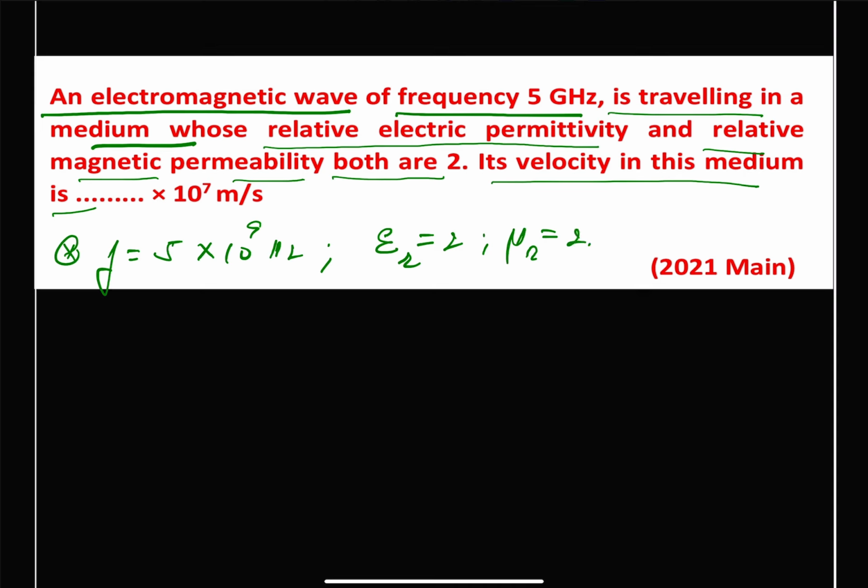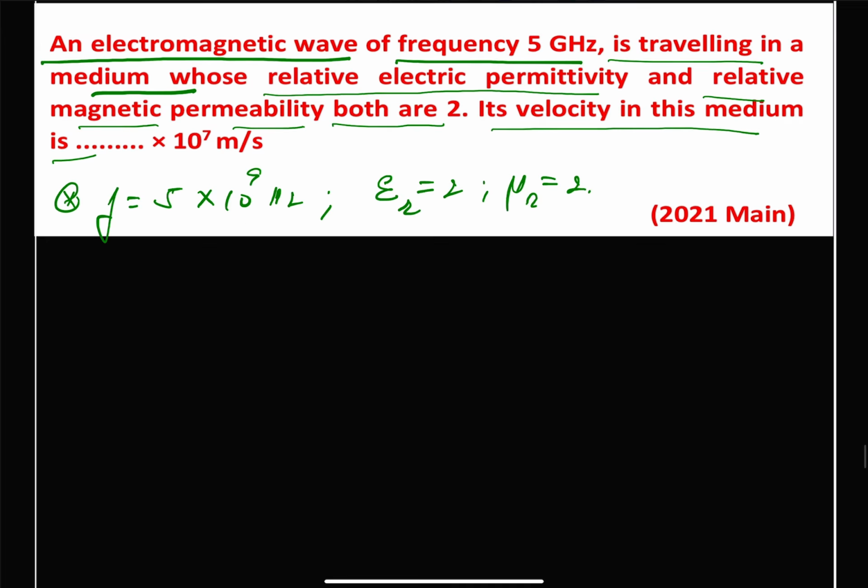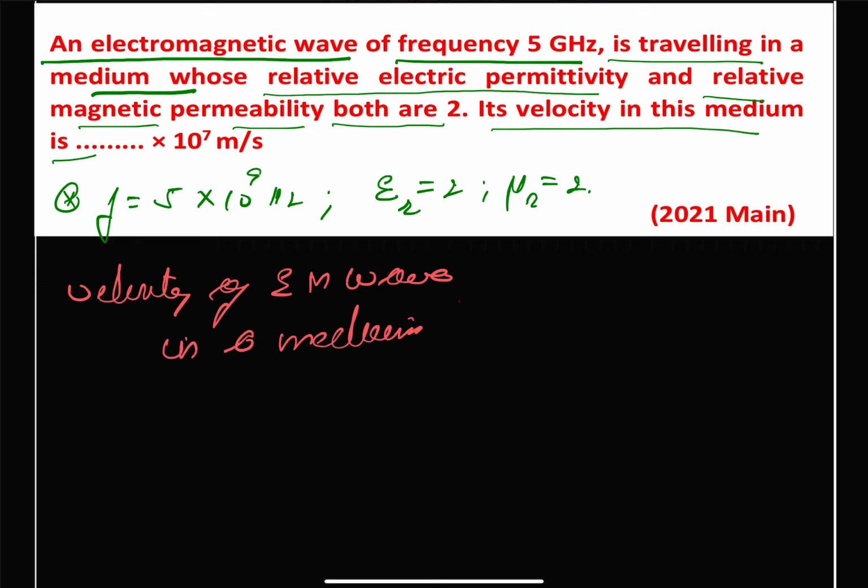So we know that the velocity of an EM wave in a medium, that is v, will be equal to c upon square root of the product of mu r and epsilon r.